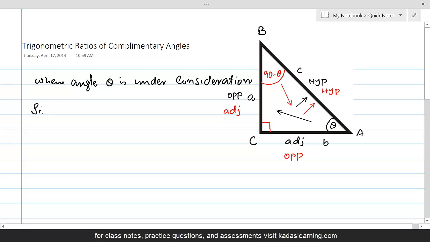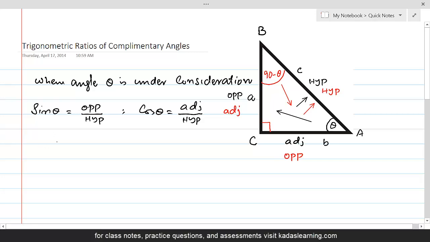Sine theta would be equal to opposite over hypotenuse, because sine is a ratio for a right angle triangle between opposite and hypotenuse of the triangle for the angle under consideration, theta. And cos theta is a ratio between adjacent and hypotenuse. So this is the definition for cos.